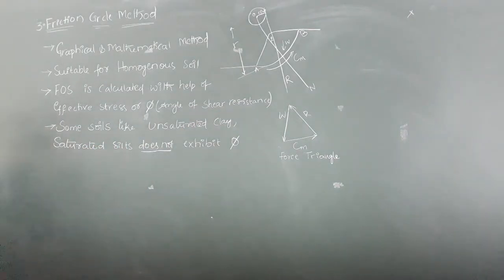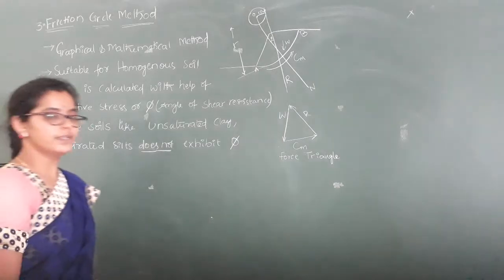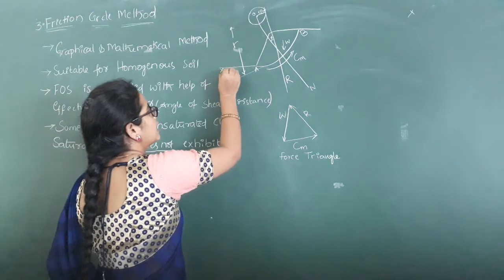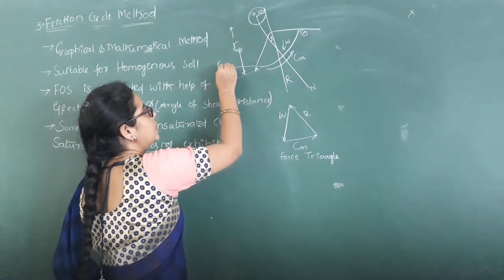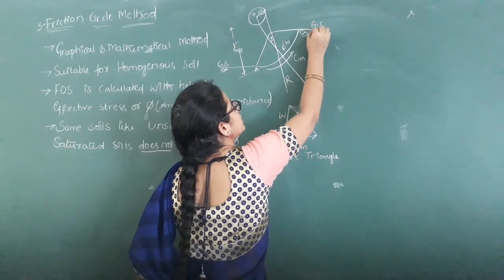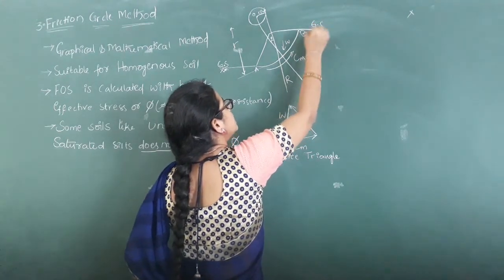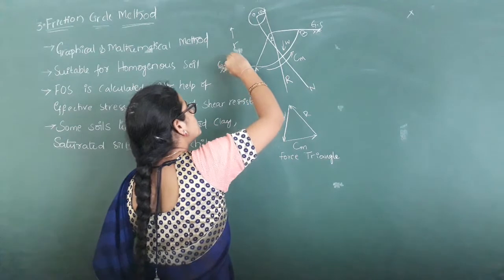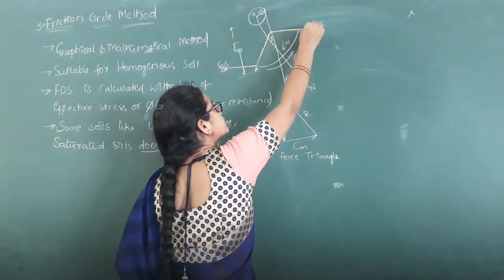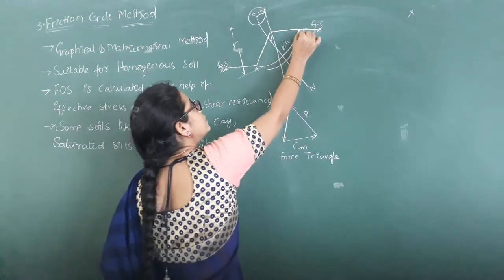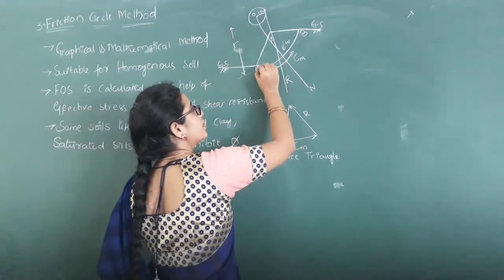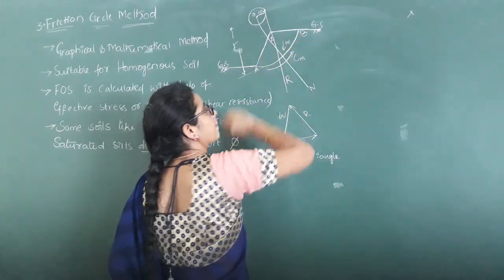Okay, so we'll discuss the diagram first. What is there in the diagram? See, this is the ground surface, and the slope is like this. This is the slope, and it is failing. The slope is failing in the shape of circular arc AB.